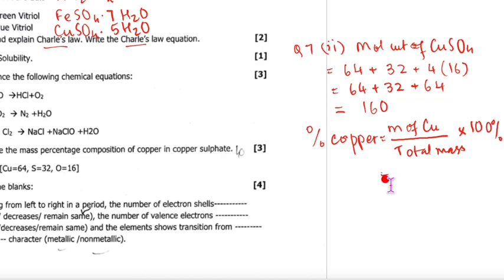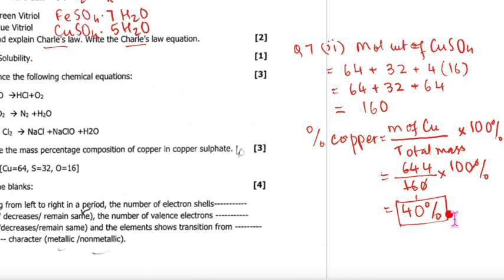So how much copper is here? 64. Total mass is 160 multiplied by 100%. Okay, so that is how you will get this. 16 ones and 16 fours. So percentage of copper is 40%. Okay, so that is your answer for the second one.